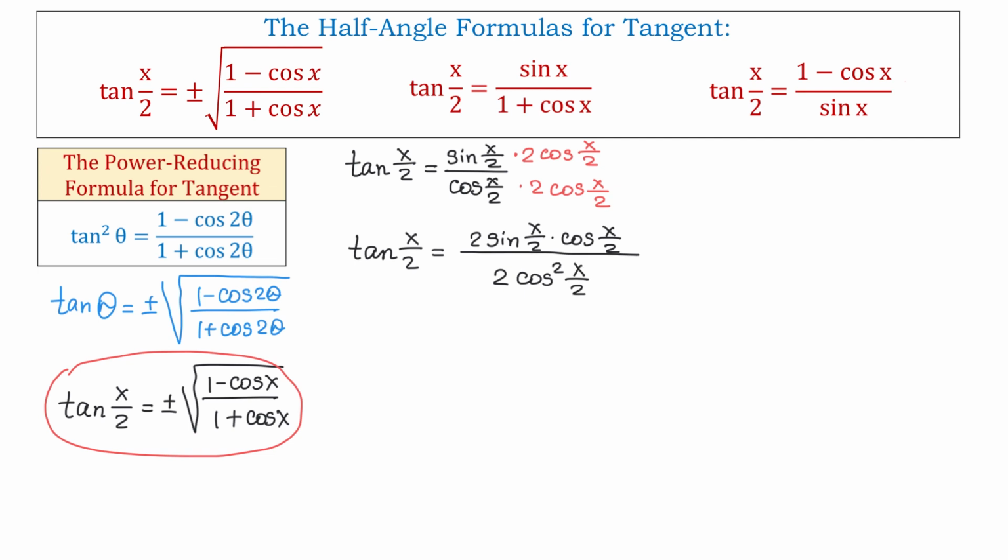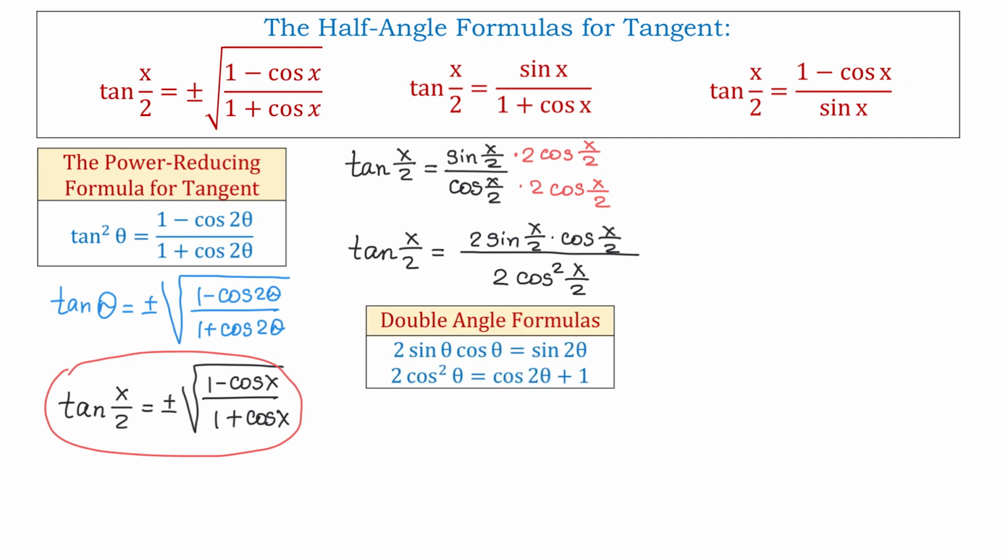Now we need to use a few formulas. In the numerator, we will apply the first formula, and in the denominator, we will apply the second formula. Both these formulas are called double angle formulas. And the first one is 2 sine of theta cosine of theta equals sine of 2 theta.